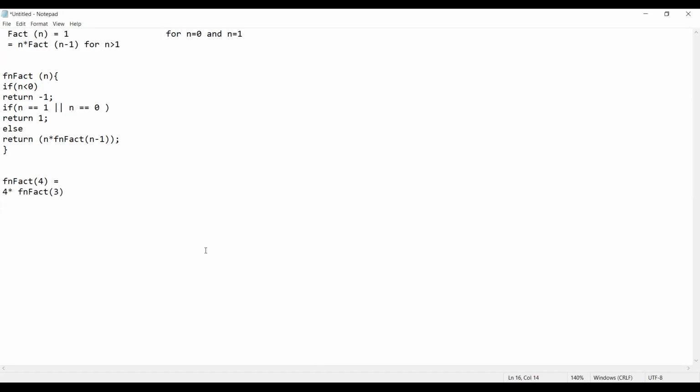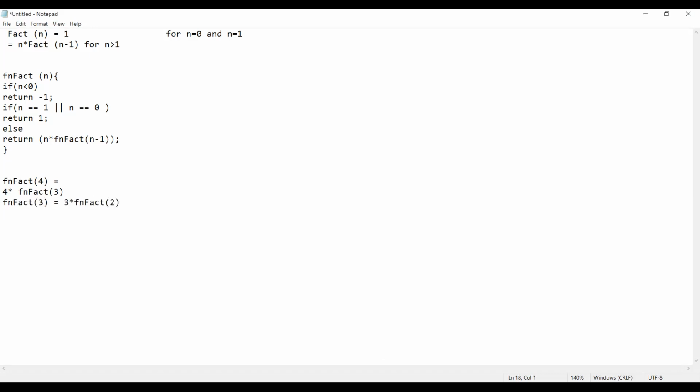Now here fn fact of 3, n is 3, which is greater than 1. So fn fact(3) will return 3 * fn fact(2). One by one we have to consider this.